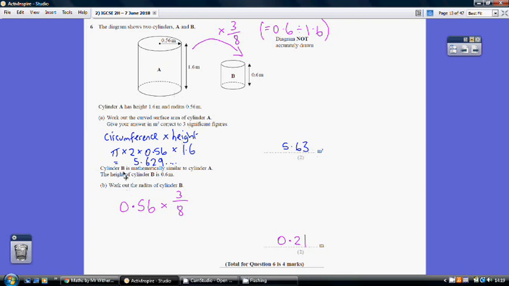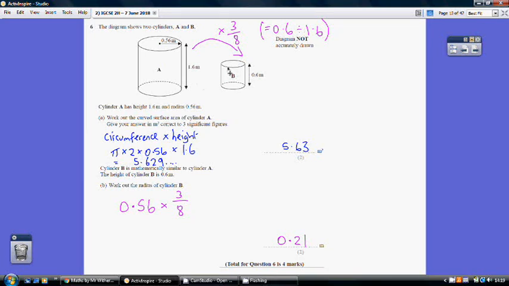Now for part B, we're told that cylinder B is mathematically similar to cylinder A. So they're proportionally similar. What have we multiplied 1.6 by to get the equivalent length on cylinder B? 1.6 times what gives us 0.6? I've done 0.6 divided by 1.6, and I can see that it is 3/8.